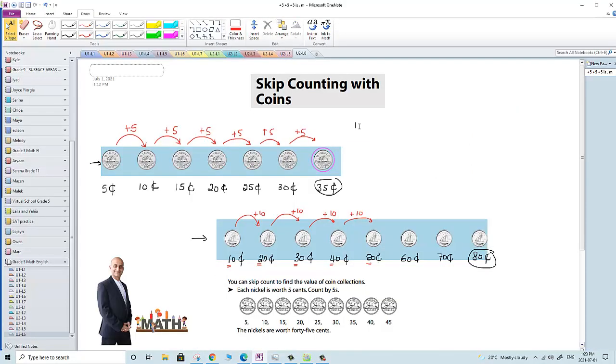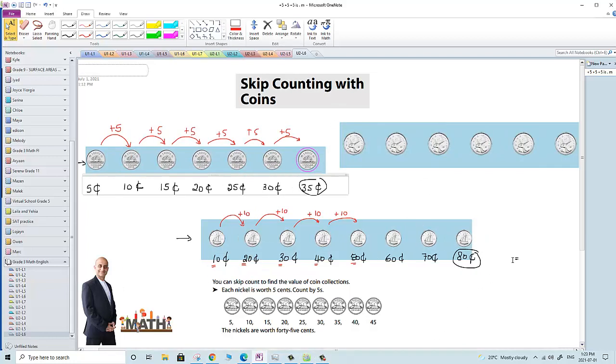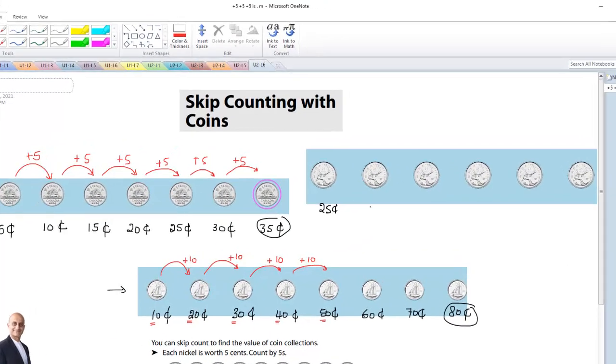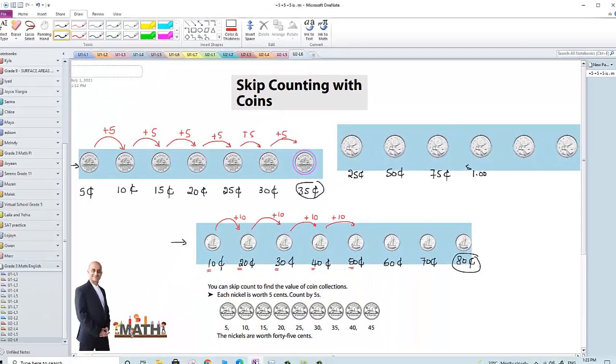So I'm gonna copy it here, and I'm gonna say, let's count. Each one has a value of 25 cents. So 25 cents, another 25 gonna give me 50 cents. I add 25, gonna give me 75 cents. I add another 25, gonna give me $1.